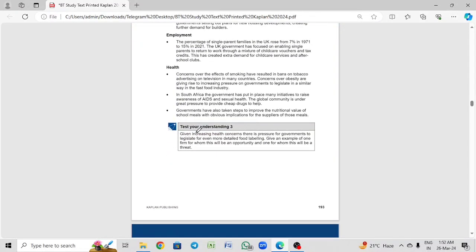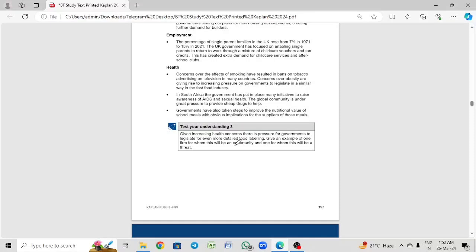Now, test to understanding number 3. Given increasing health concerns, there is a pressure for governments to legislate even more detailed food labeling. Give an example of one of those firms for whom this will be an opportunity and one for whom this will be a threat.